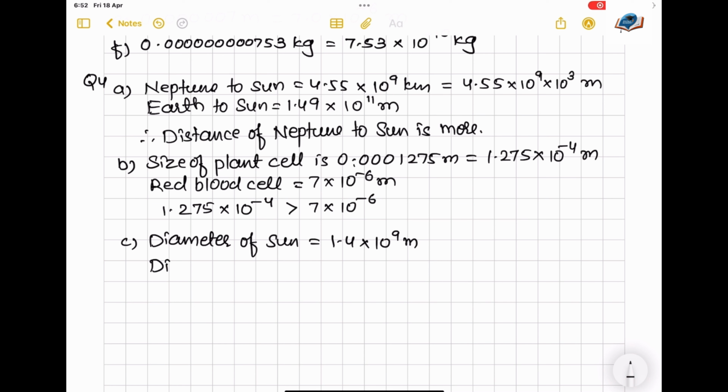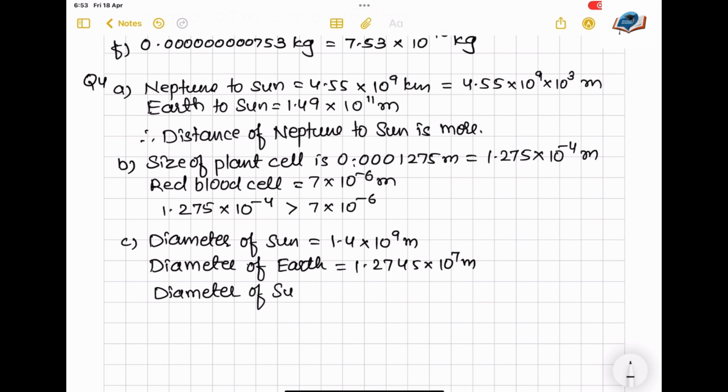Diameter of earth is 1.2746 into 10 raised to 7 meter. So obviously here directly we know that sun is bigger than earth, or seeing here also I can say diameter of sun is bigger.